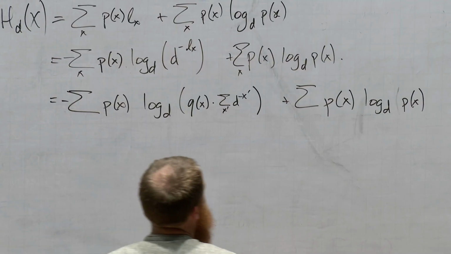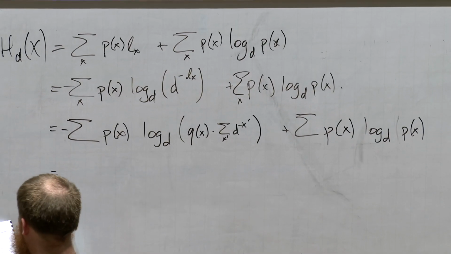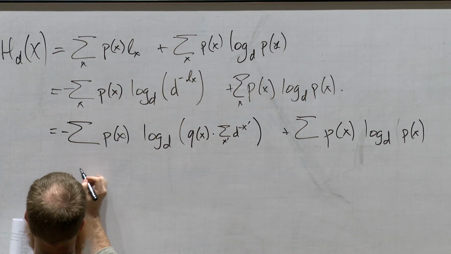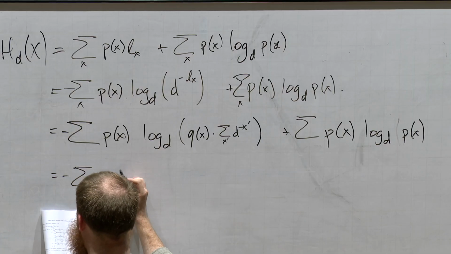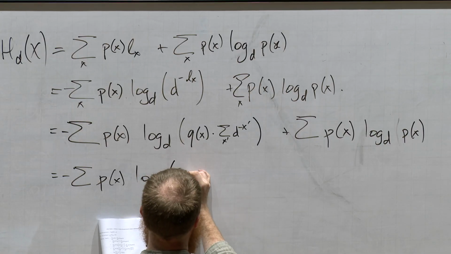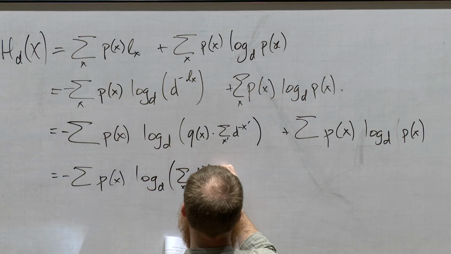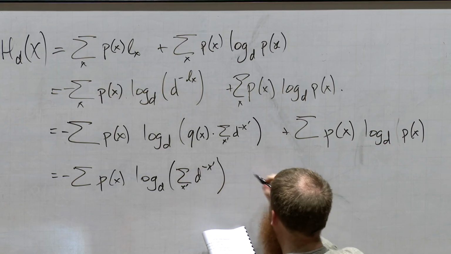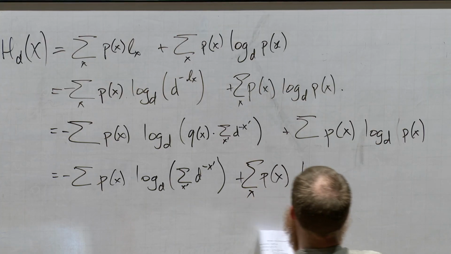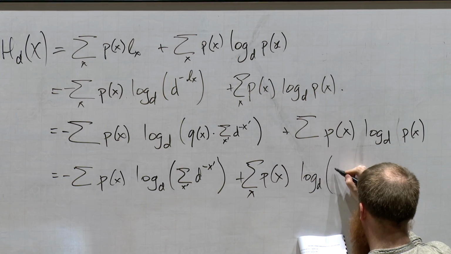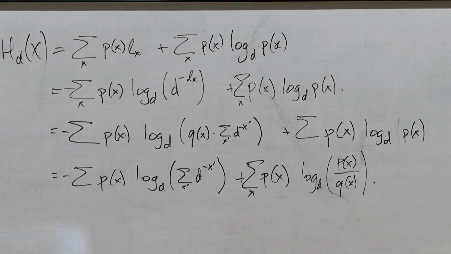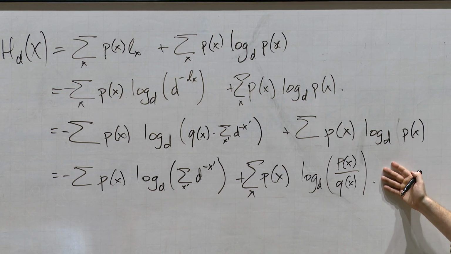And I'm rearranging this so that I get Gibbs' inequality helping me in the end. So I am going to now break this up into two terms. Minus the sum of p(x) log to the base D of the sum over x' of D to the minus L(x'), plus, keeping the two sums separate, p(x) log_D of p(x) over q(x). And that looks a lot like a divergence.